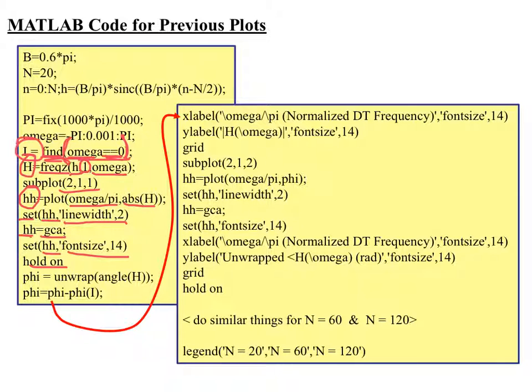Okay, now I'm going to go to the unwrap command and angle. So I compute the angle of H. I do the unwrap to get rid of any of those 2 pi jumps due to the wrapping of the phase that angle just automatically does. I set that equal to phi. And now, remember I mentioned a while back that when you do the unwrap, the original angle at omega equal to 0 could be far from where it really should be.